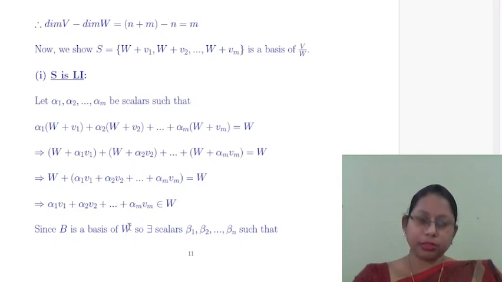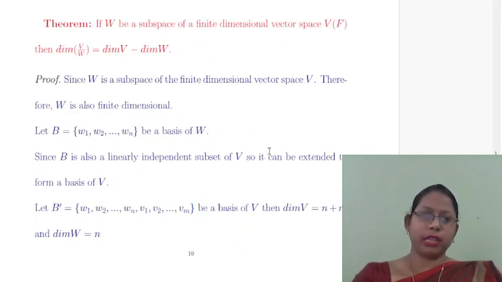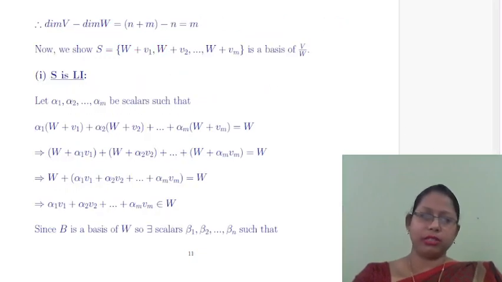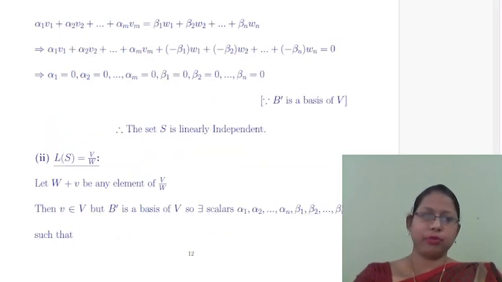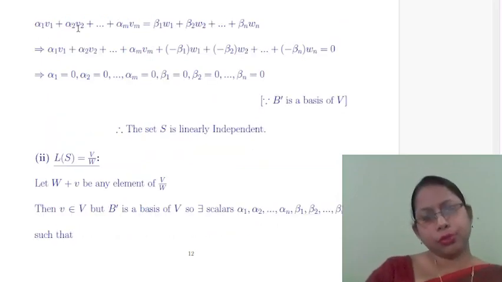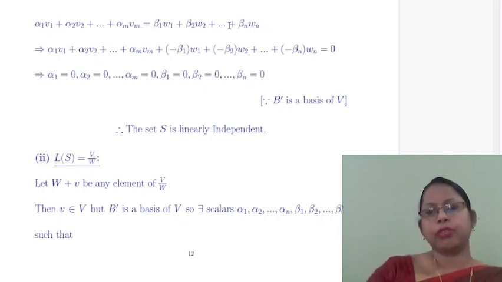As B is a basis of W, there exist scalars β1, β2, ..., βn such that the linear combination of these scalars with the elements of B, that is W1, W2, ..., Wn, will be this element. That is, α1V1 + ... + αmVm is equal to β1W1 + ... + βnWn.